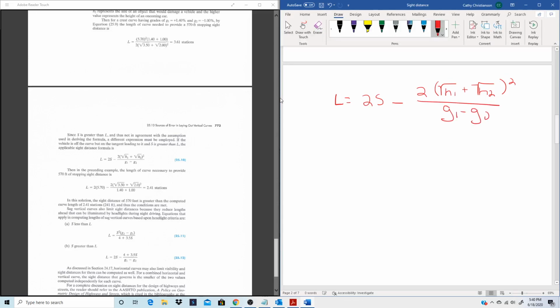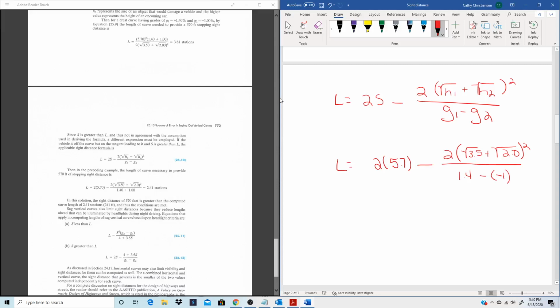So L equals 2 times 5.7, minus 2 over the square root of 3.5 plus the square root of 2, this is squared, over g1 1.4 minus g2, which is a 1.